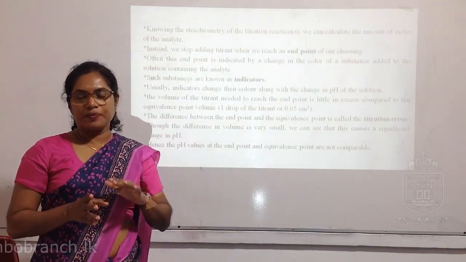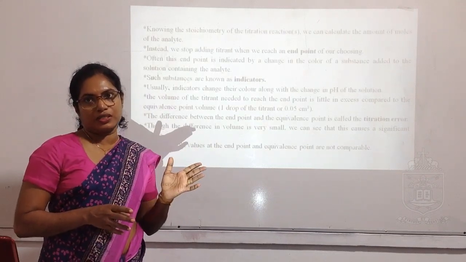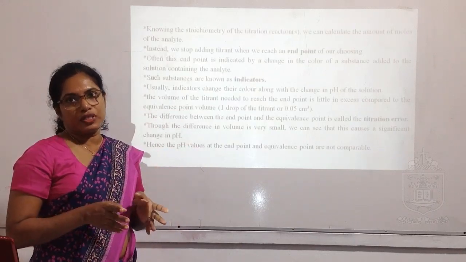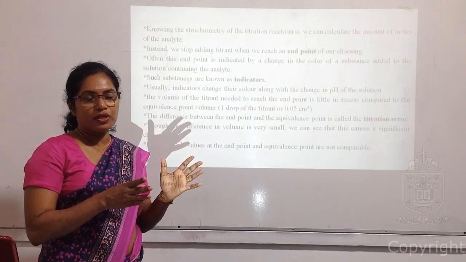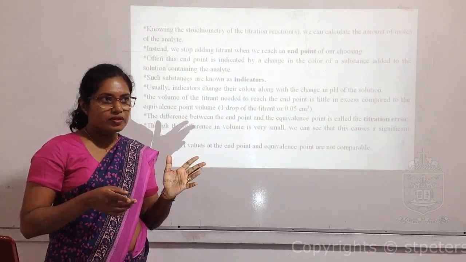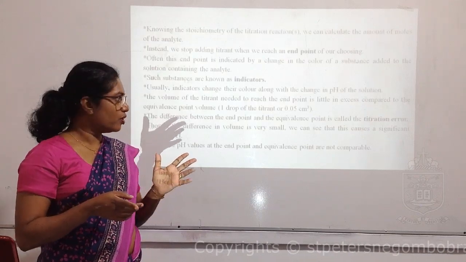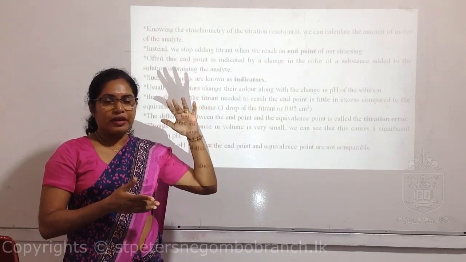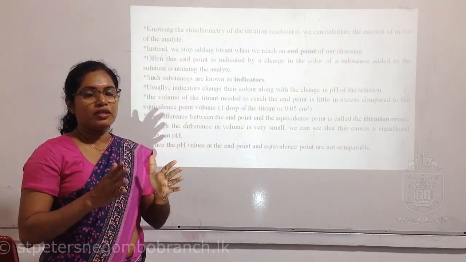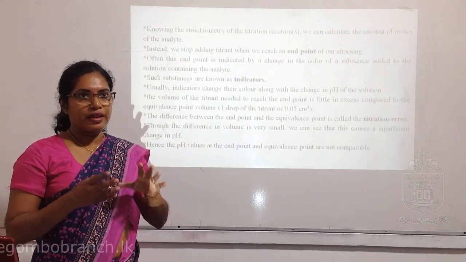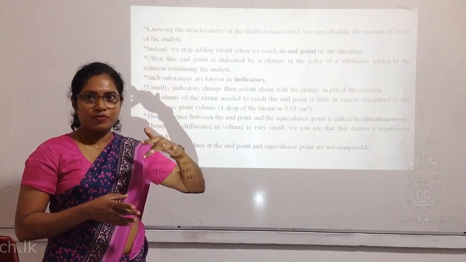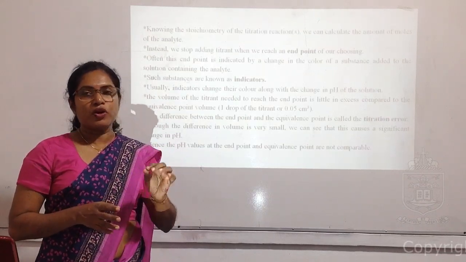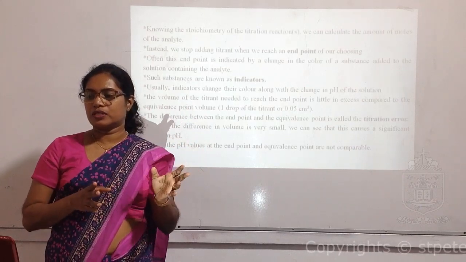In a titration, there are two important points. The first one is the equivalence point and the second one is the end point. Equivalence point means, as I told you before, stoichiometrically, when the titrant totally reacts with the analyte, at that point the volume which we have added to the analyte, we call the equivalence point.